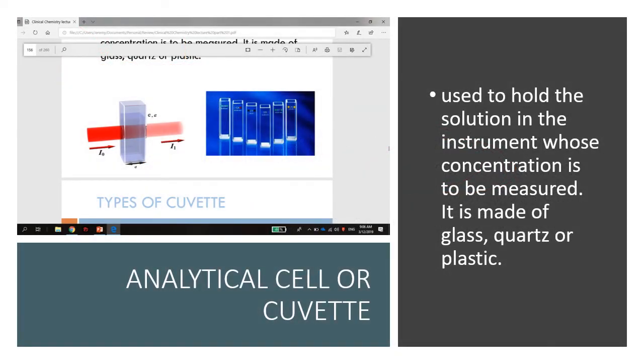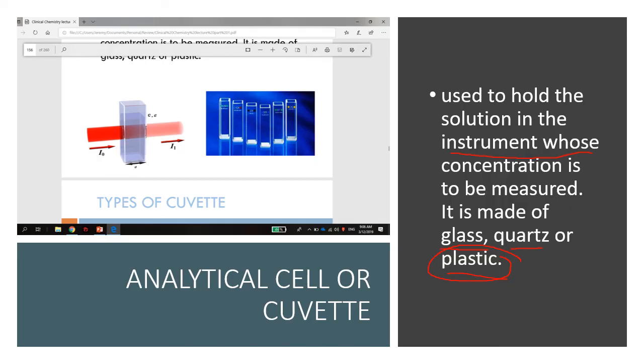Next is your analytical cell or cuvette. So it is used to hold the solution in the instrument whose concentration is to be measured. Pwede siyang gawa sa glass, sa quartz, or sa plastic. What you're going to encounter most commonly is made of hard plastic, no? But it's optically clear naman. But again, plastics can degrade quickly.